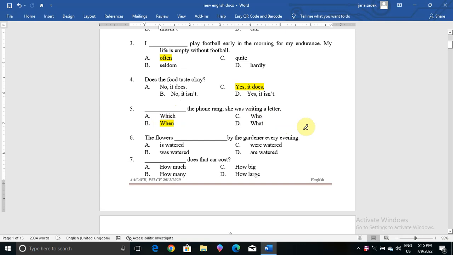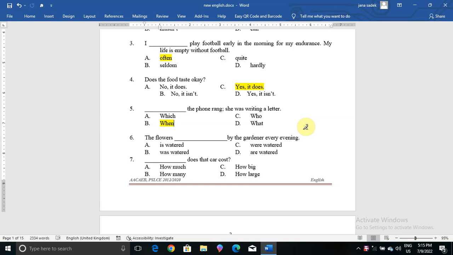Now in question number 6 it says the flowers dash by the gardener every morning, every evening. Now what we have here is every evening. When we say every evening, that means a habit, so we can say it's present simple, because it's done every day or every evening.